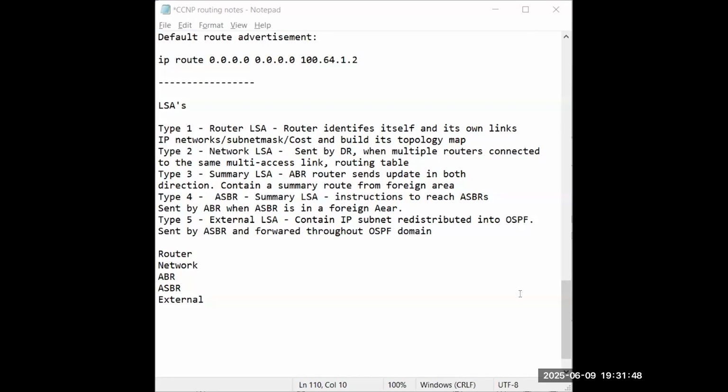LSA type 3 is updated if there is any new network added or any link fails. So instead of updating the entire routing table, OSPF splits this information into types of LSA, link state advertisements, or the link state database.